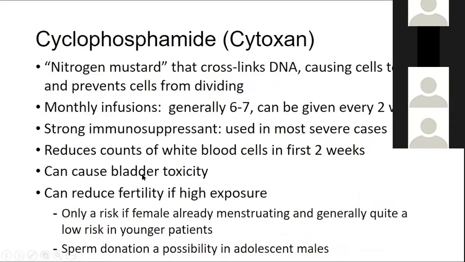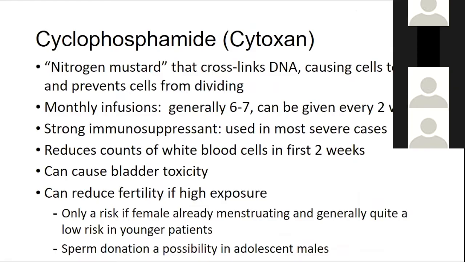For Cytoxan, we give this medication as a monthly infusion, usually 6 to 7 times, but there are protocols where it can be given every 2 weeks. And essentially within the first 2 weeks, the medication works to kill off white blood cells, and white blood cell counts go down within the first 2 weeks. In the second 2 weeks, the bone marrow is repopulating with healthier white blood cells, so the cell counts go back up.